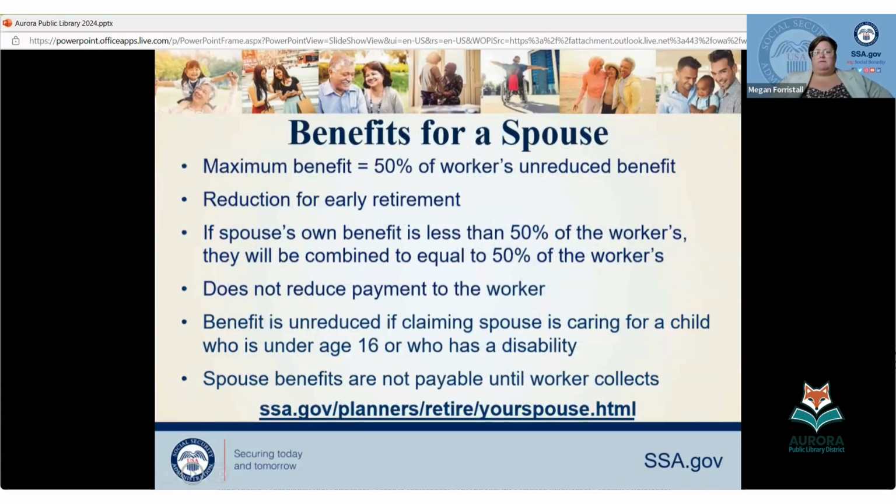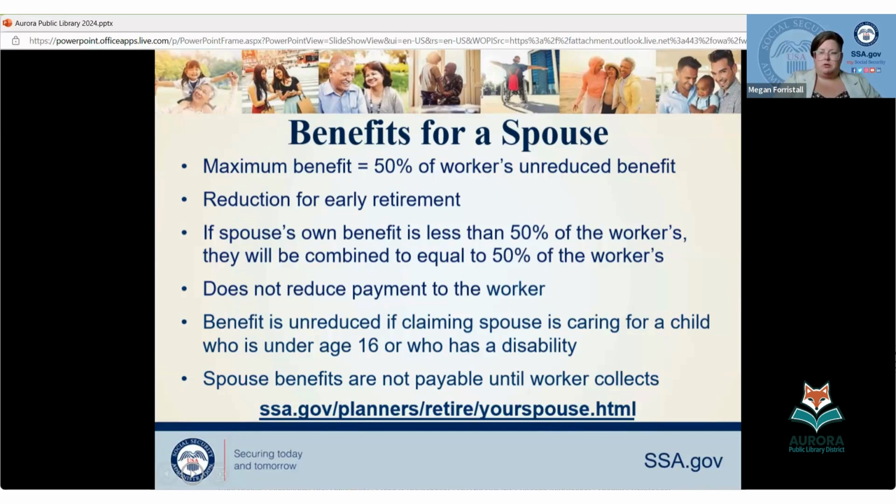Then spouse's benefits, this is where a lot of confusion really starts sometimes with people and their benefits. So the first thing I want to make sure everyone knows is if you have your own 40 credits on your own record, whether you are filing off a current spouse or a former spouse, if that spouse or former spouse is living and you have your own 40 credits, we always look at your own benefit before we pay anything off a spouse.